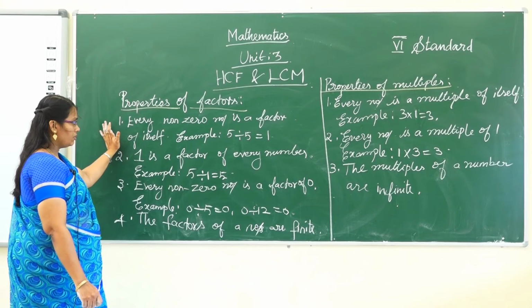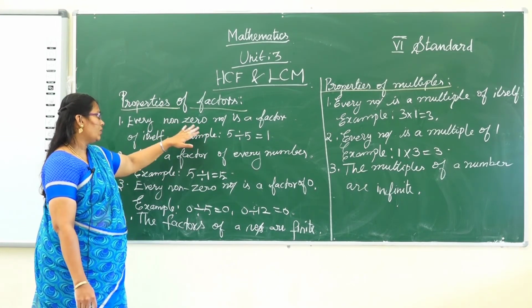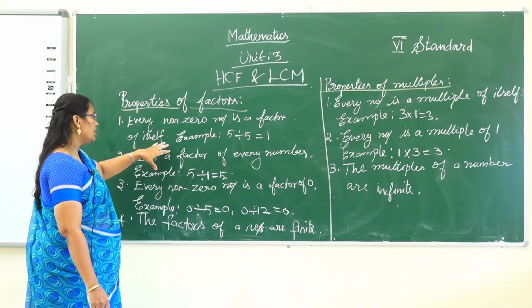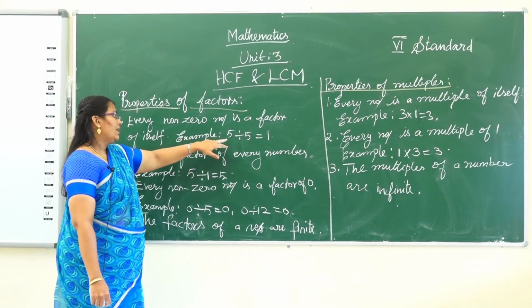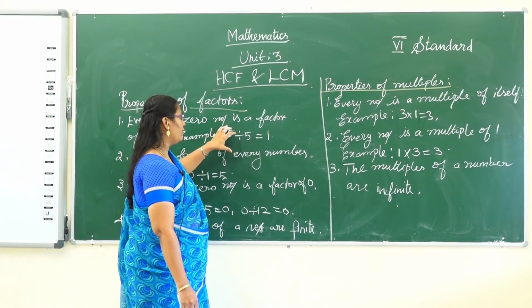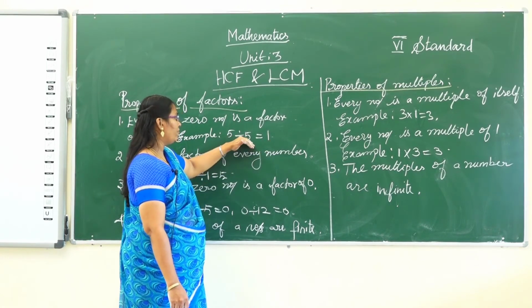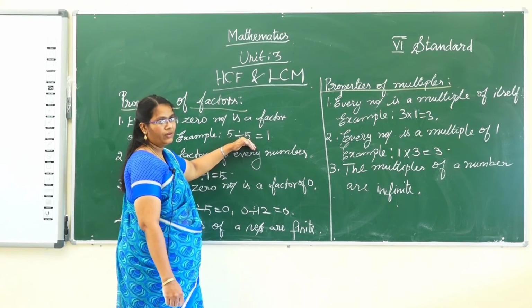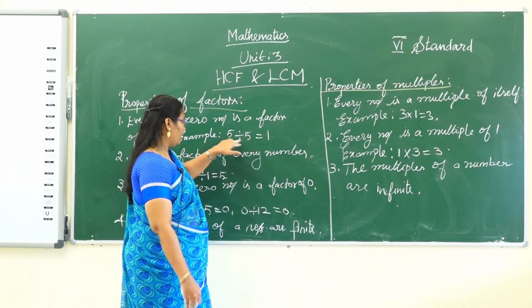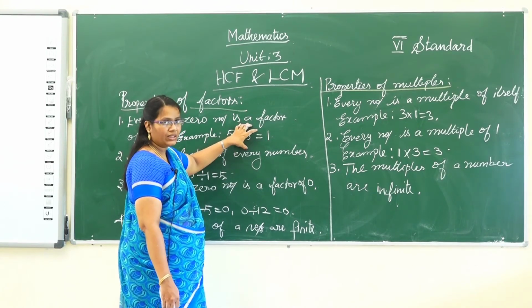Every non-zero number means without zero; all the other numbers are factors of themselves. For example, 5 divided by 5 gives 1, so 5 is a factor of itself, because we divided by the same number.